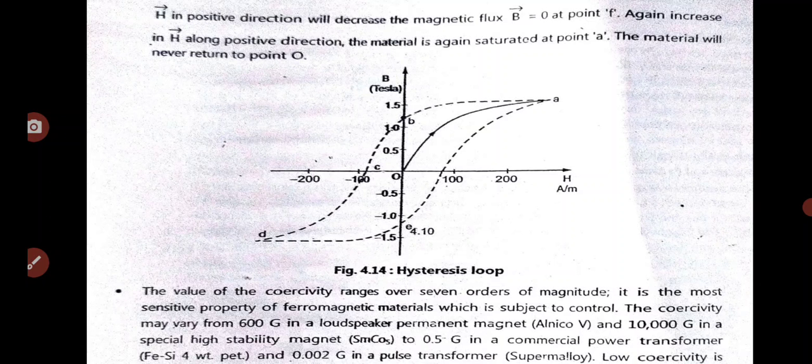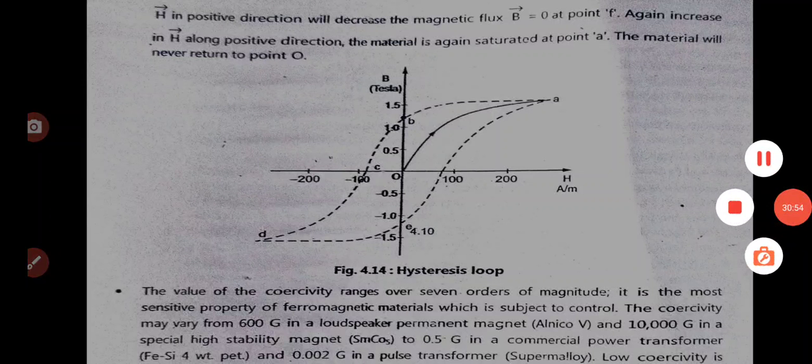The value of the coercivity ranges over 7 orders of magnitude, and it is the most sensitive property of ferromagnetic material that is subject to control. Okay, so this is the basic idea of the hysteresis loop.